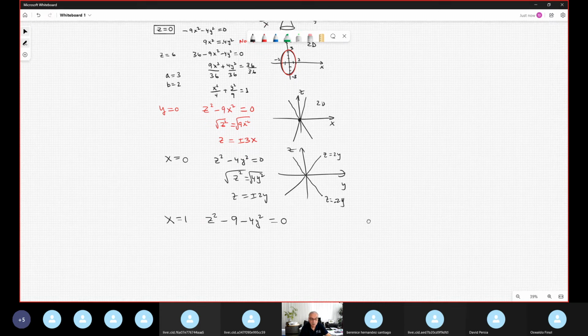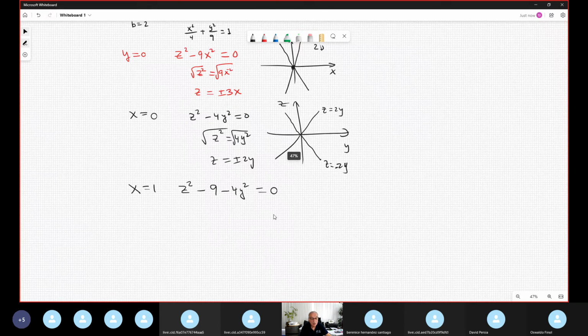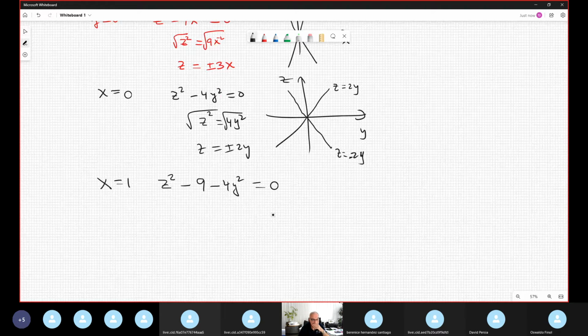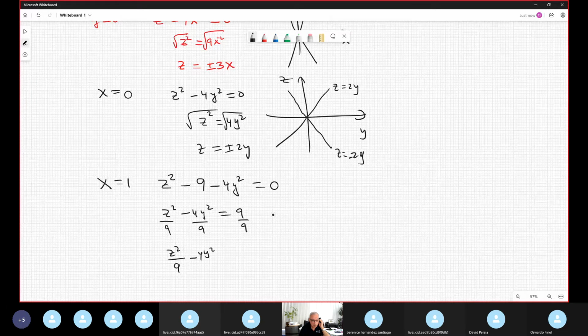Now I suppose it's a curve. I don't know what kind. It's z squared minus 4y squared equals 9, divided by 9 because I need the right-hand side to be 1: z squared over 9 minus y squared over 9/4 equals 1.